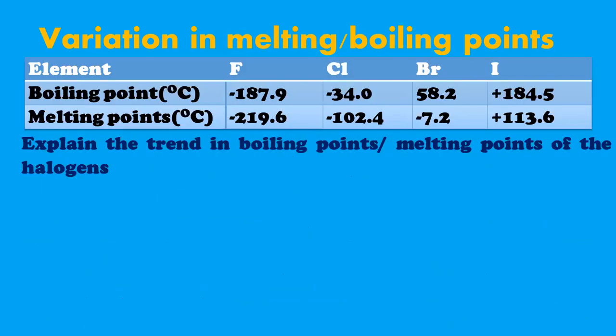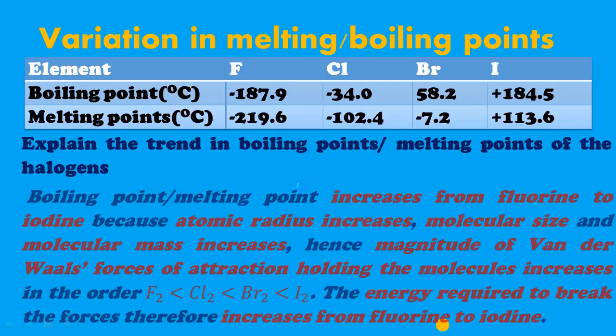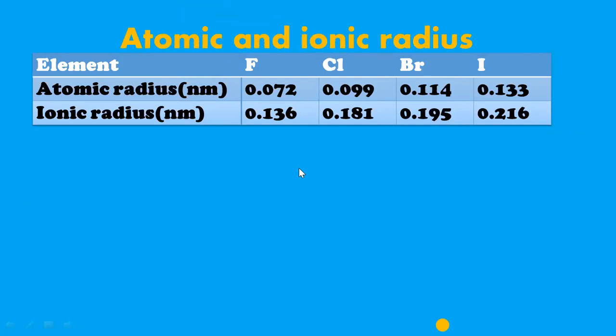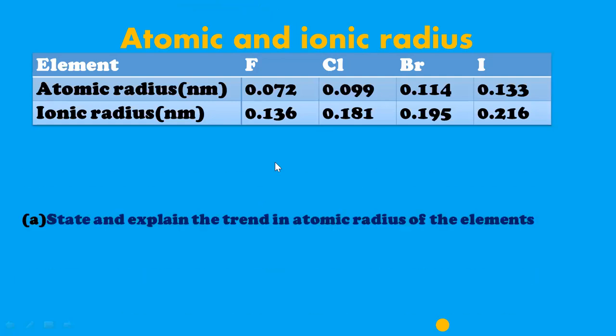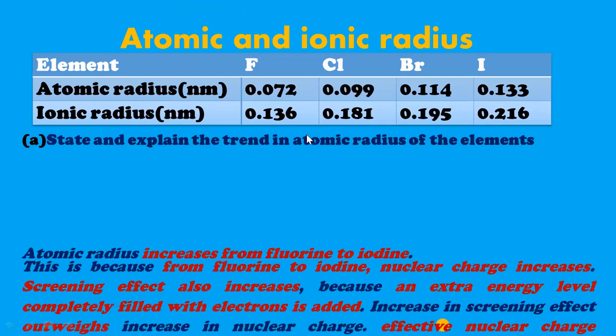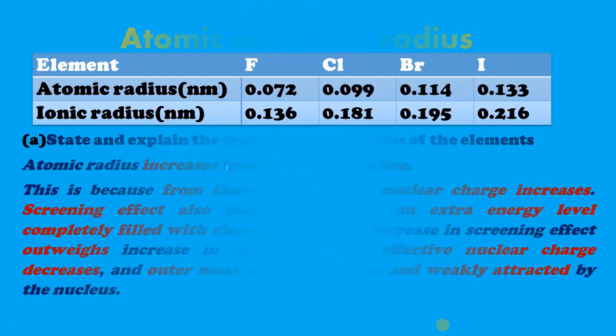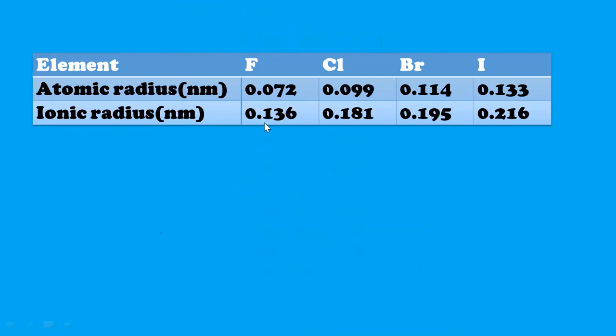We looked at the variation in melting and boiling points and explained it in detail. Okay, we looked at variation in atomic and ionic radius.